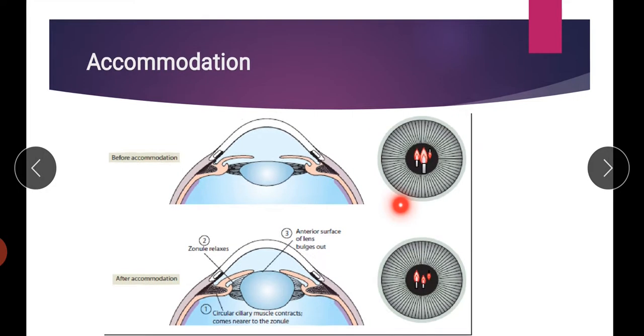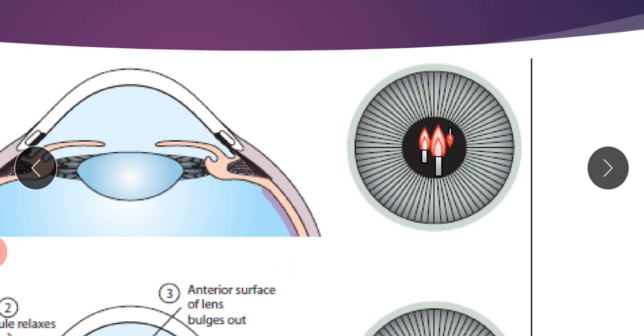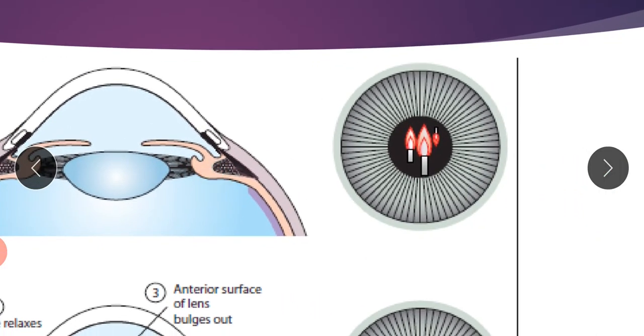Now see this figure. When we keep a candle in front of the eye at some distance, not near, before accommodation, we will see three candles, two upright and one inverted. Of these two upright images, one is large and the other is smaller.